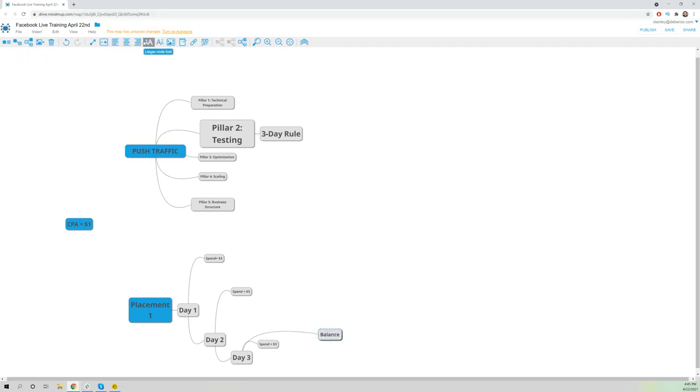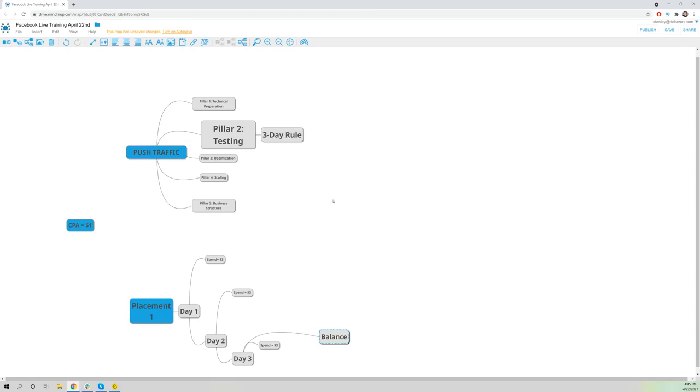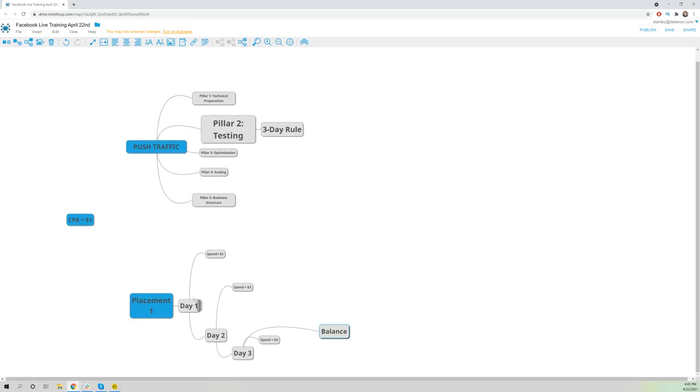Let's make it bigger because it's important. So at this point, we have run this campaign for 3 days. We have spent $3 on this placement on day 1, on day 2, and on day 3. So in total, we spent $9.